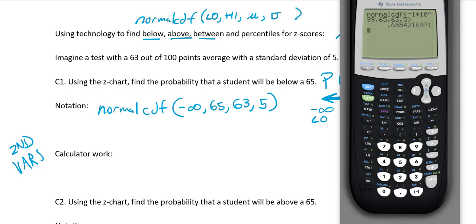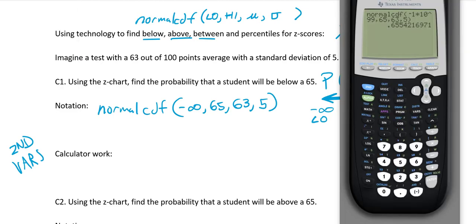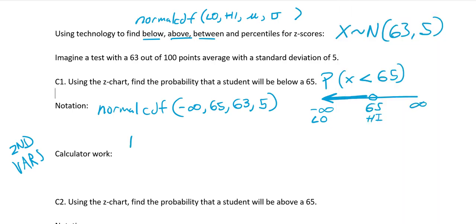So let's write down in our notes the things that we did to input what we have. Going back to that screen again, if we click second vars, you'll notice that under the normal CDF there's a lower and upper, a mu, and a standard deviation. So the lower was -1 times 10 raised to the 99th power.